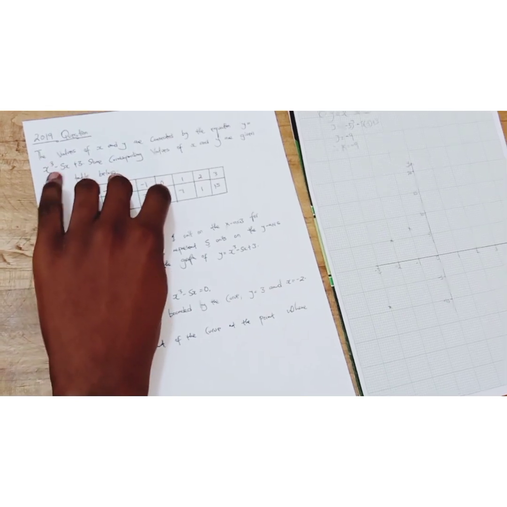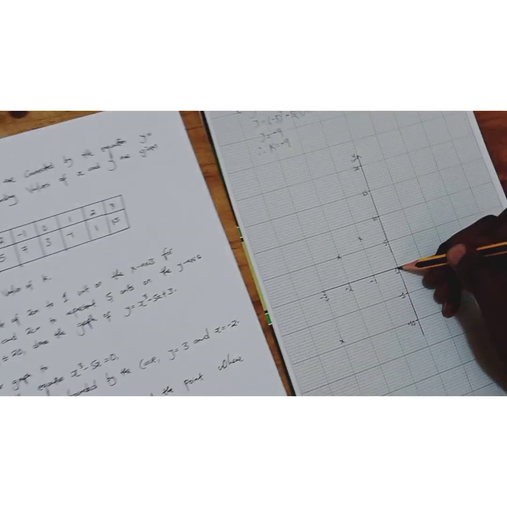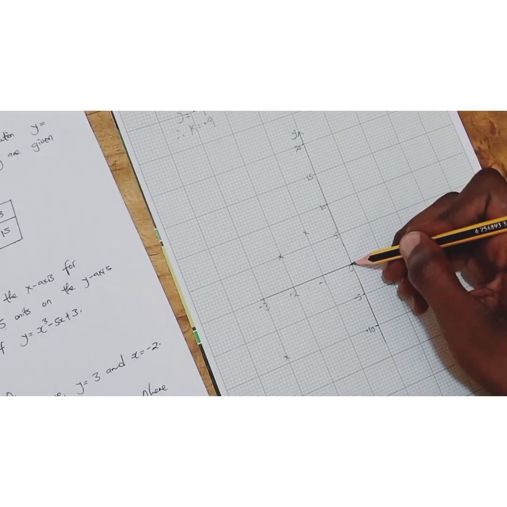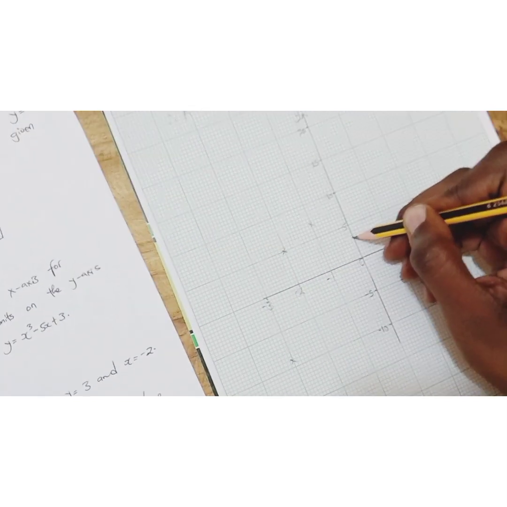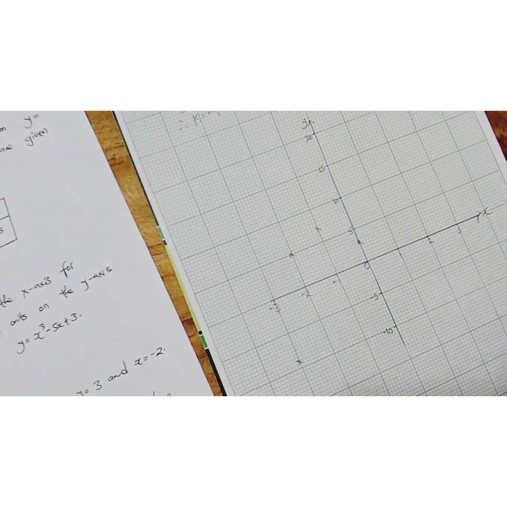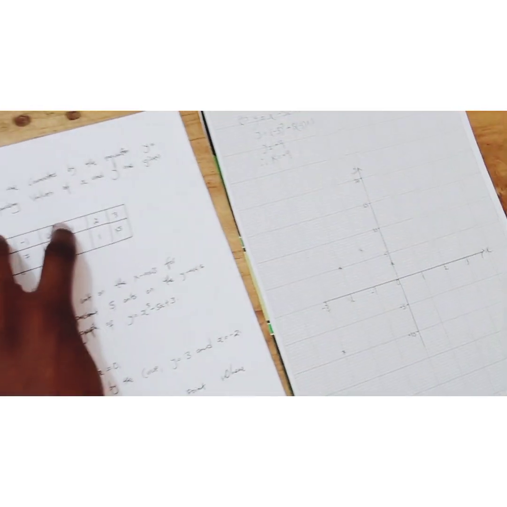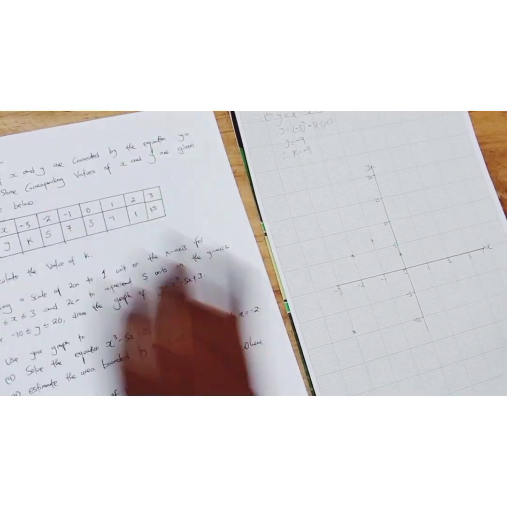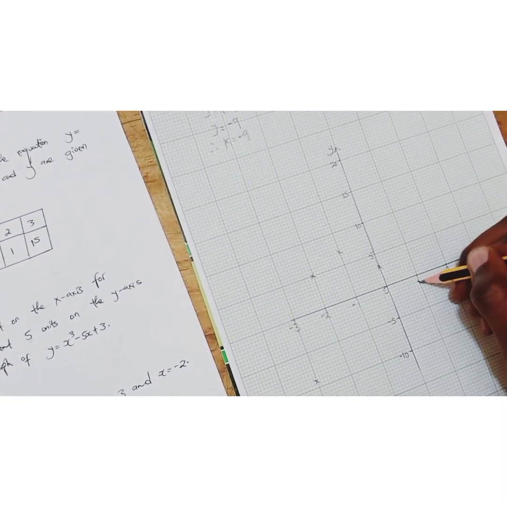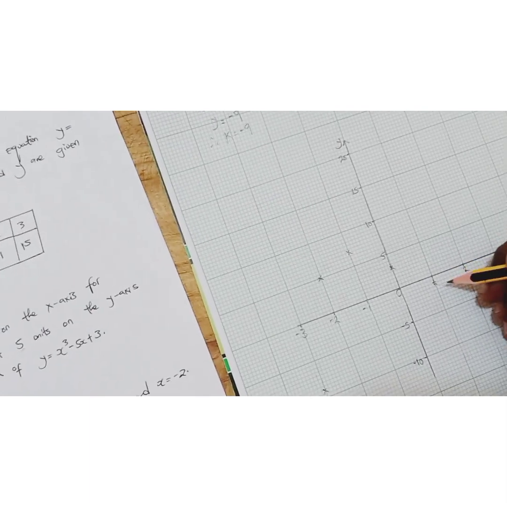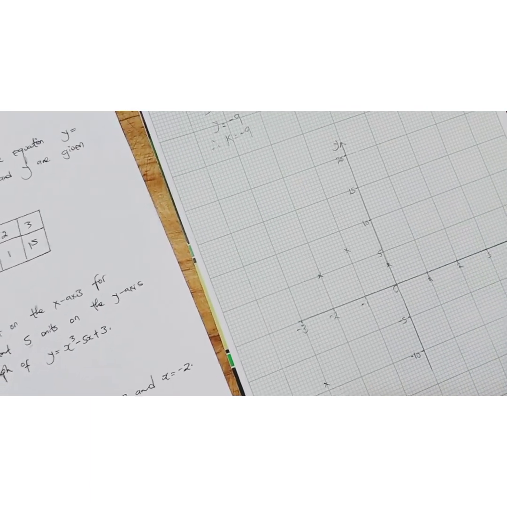Then we have 0,3. So this is my 0. So where the 0, I count 3. So 1, 2, 3. I put an X. Simple as that. Then I have 1, -1. So this is 1. -1 is just here, goes down, it's negative.